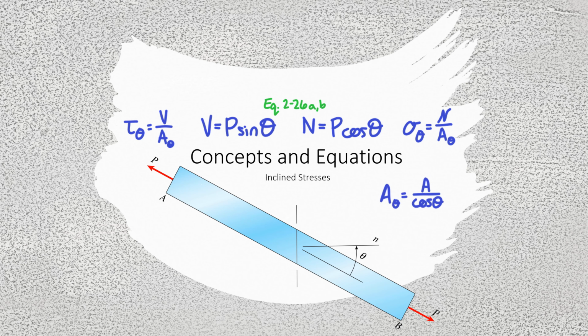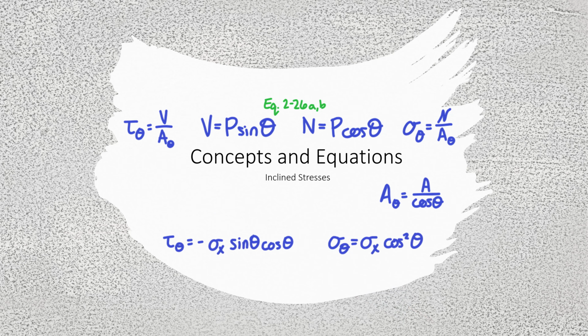And our new area is our original area divided by cosine theta. So when we put everything together, we get the equations that we all know and love, or possibly hate, however you see it. And that's what's happening here. And those two equations at the bottom are pretty much the only thing you need to know from this.